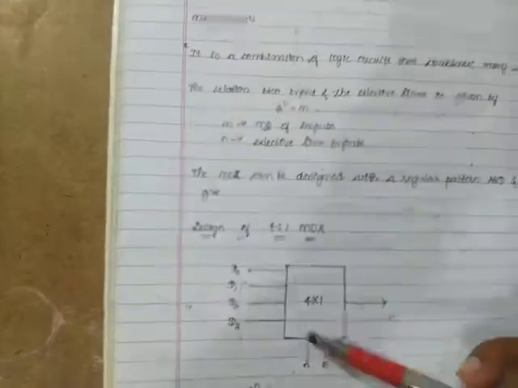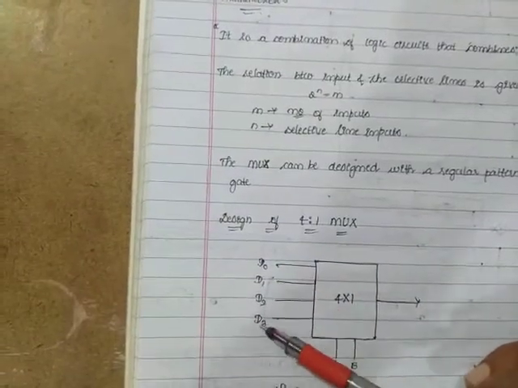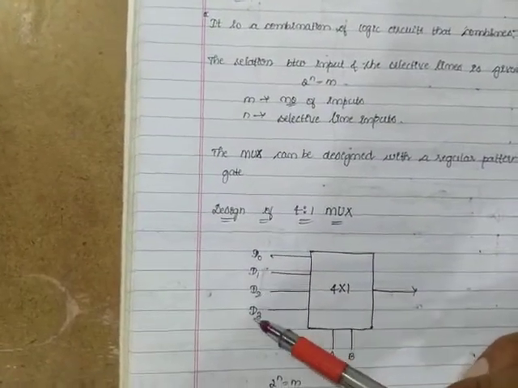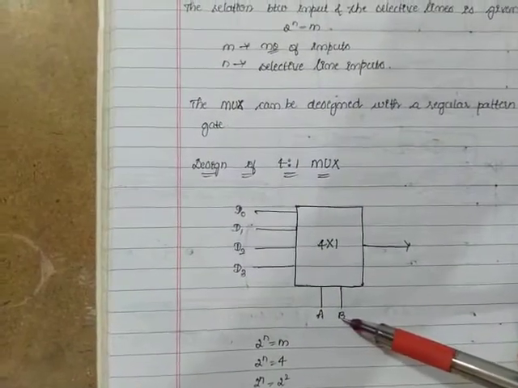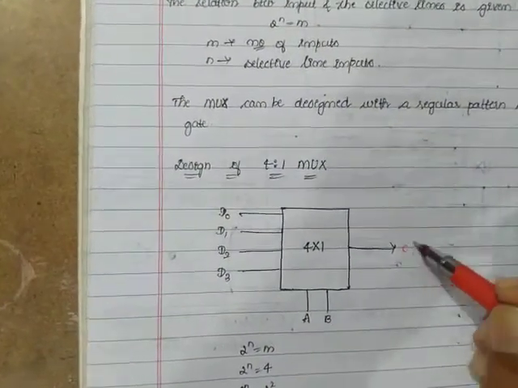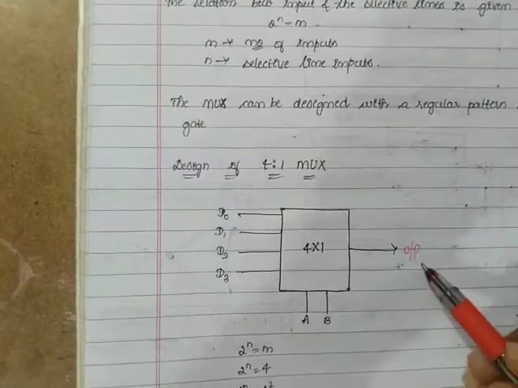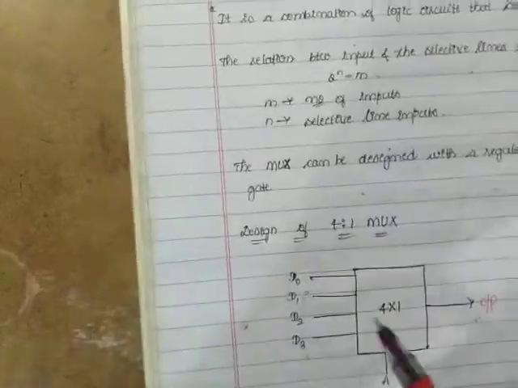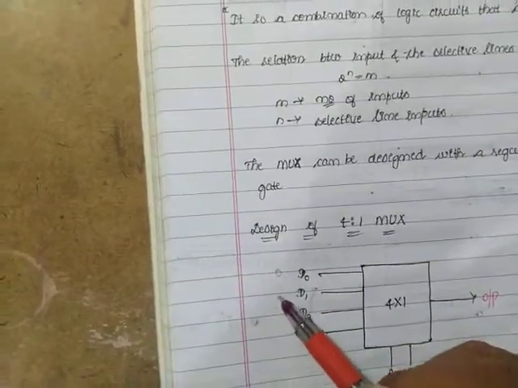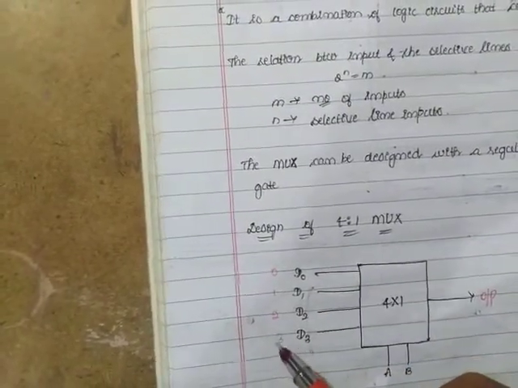Here these are the inputs, D0, D1, D2 and D3, and this AB is called the selection line inputs. And this will be your output. Here I am getting the output. Suppose you consider D0, D1, D2, D3 as 0, 1, 2, 3.